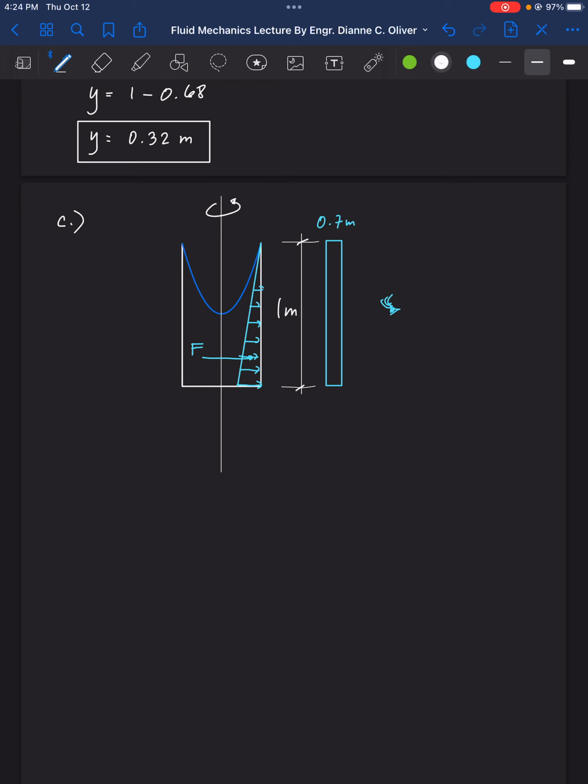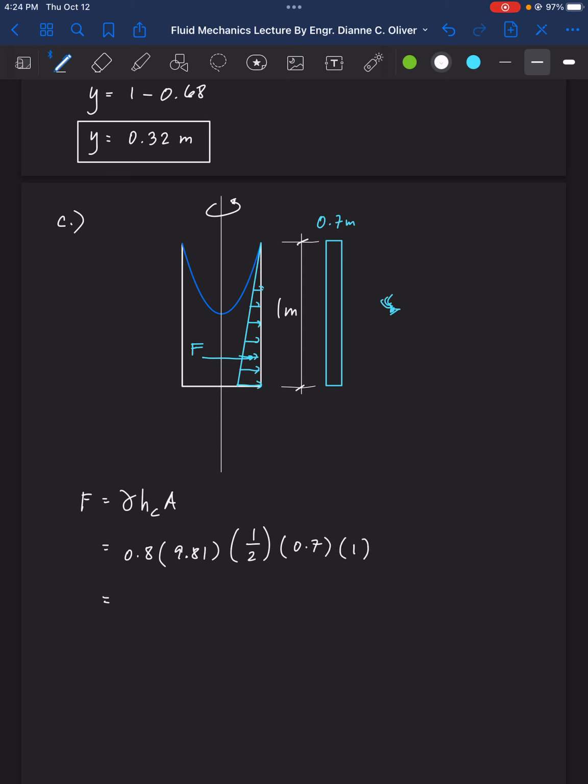So the formula for the force F is equal to gamma h_c A. Our gamma is 0.8 multiplied with 9.81, our h_c is 1 divided by 2, and our area is 0.7 times 1.